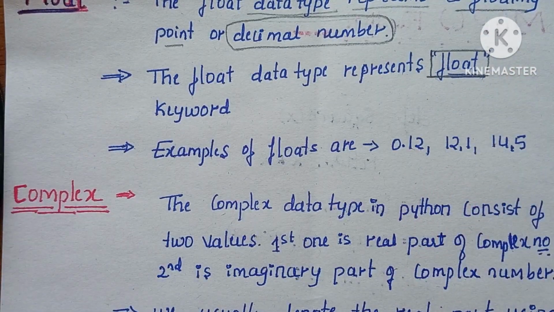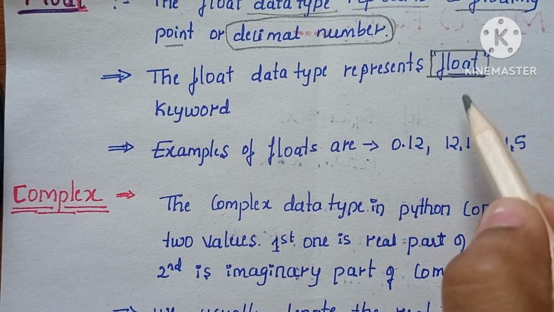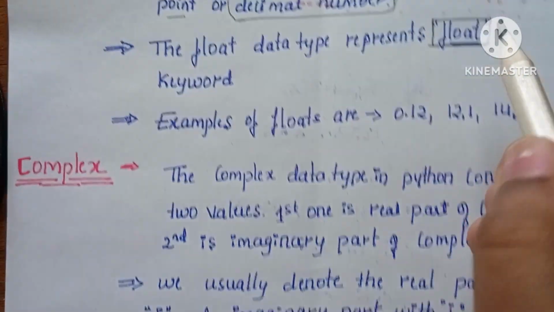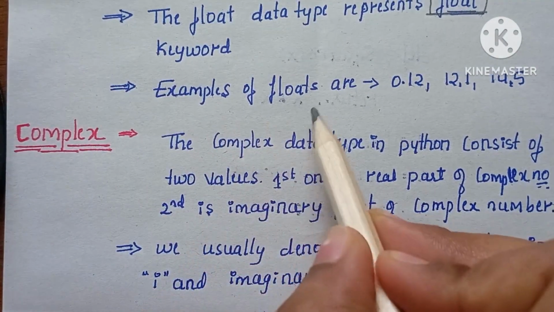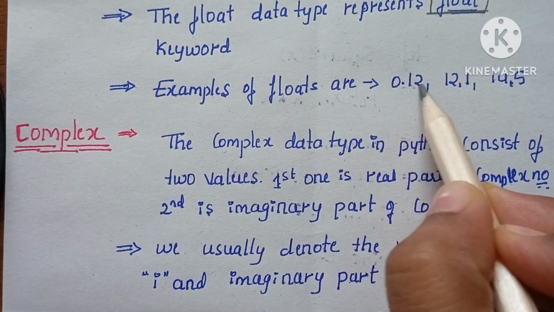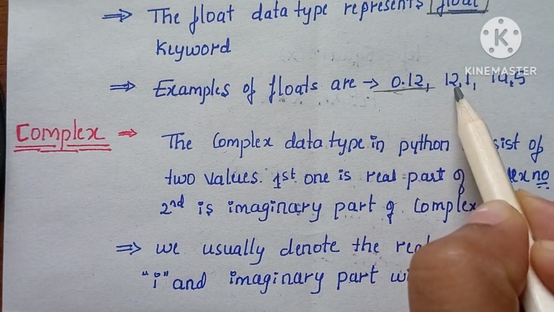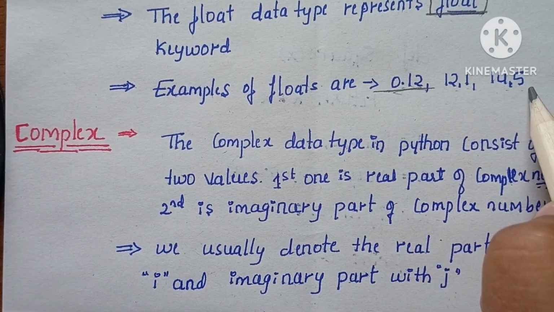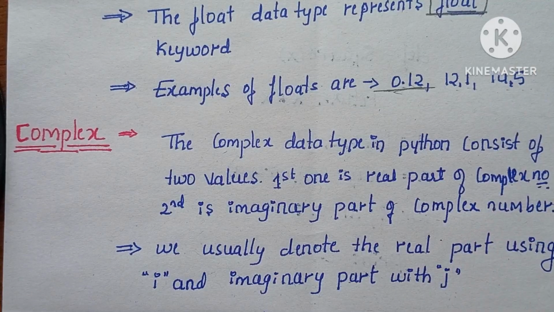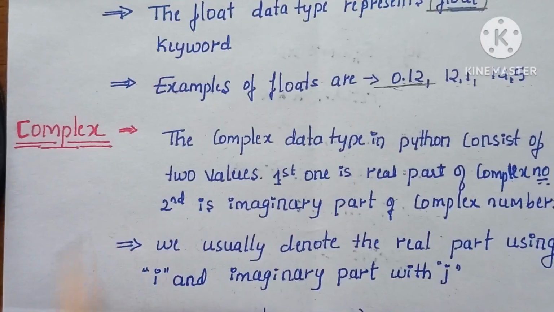Always, data types are represented in terms of a keyword, and here it is float. Examples of float are 0.12, 12.1, 14.1. These are decimal numbers, examples of floating point data types.